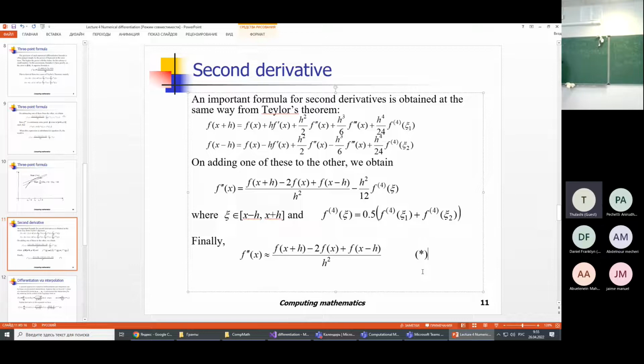So the second derivative is e power x. And let's apply the same formula again for x equals 1 and h equals 0.1.